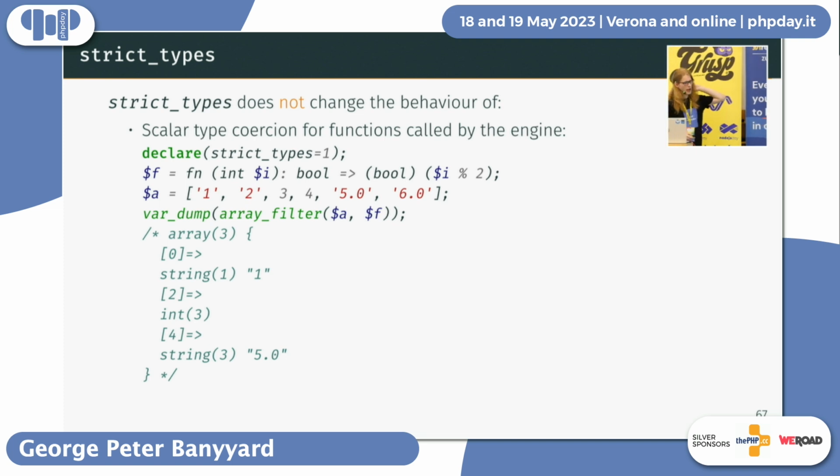So if you call array filter with an array of whatever stuff, and you pass in a callable which takes an integer, if you would re-implement array filter in userland, you would get some type errors. But PHP, because of the type conversions, will do them, it will not complain. It will just gladly take them, and you will get an array with information you wouldn't expect.